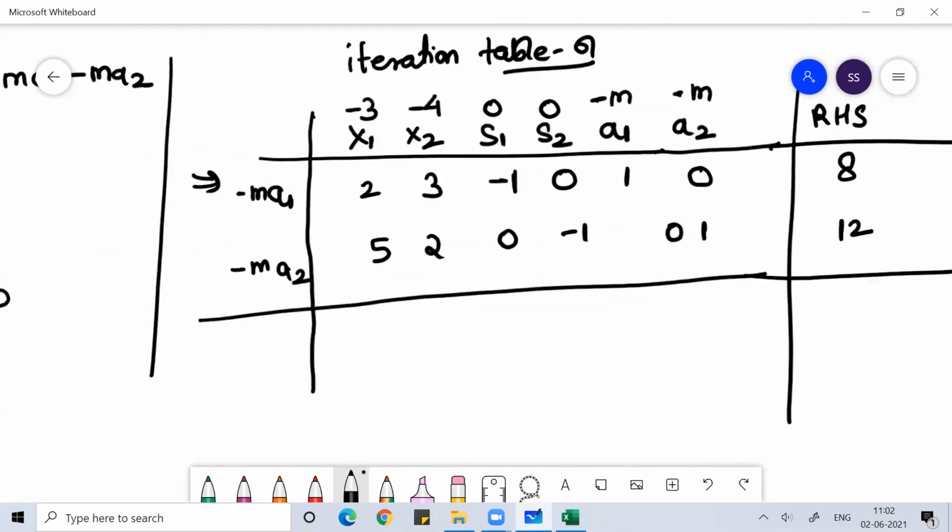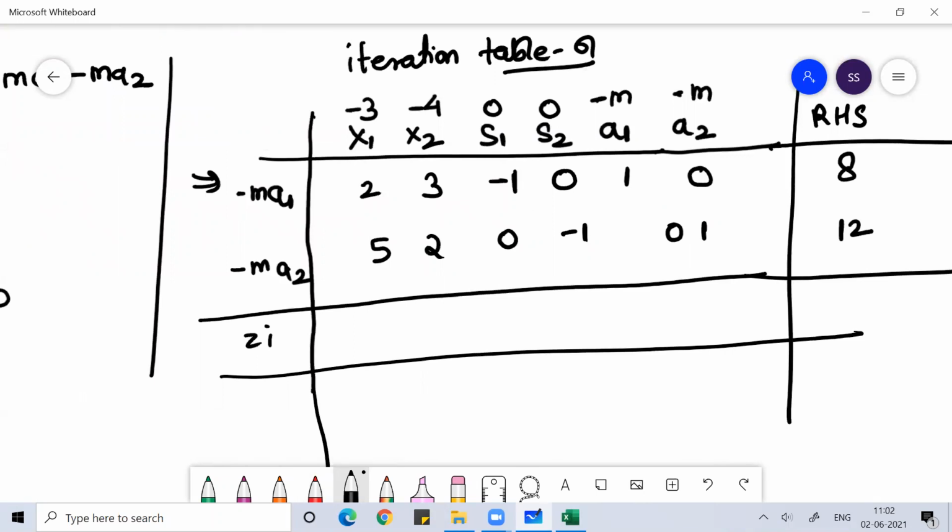Okay guys, so first I'll find the Zj value. What is the Zj value? Minus 2 minus M into 2 plus minus M into 5 will get minus 7M. Then minus 3M minus 2M, minus 5M.